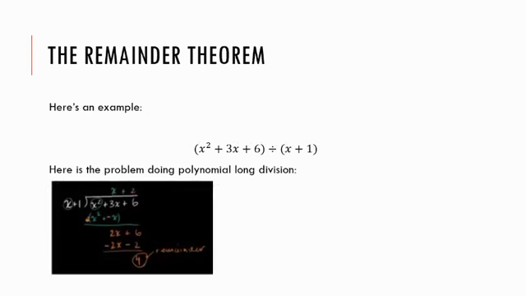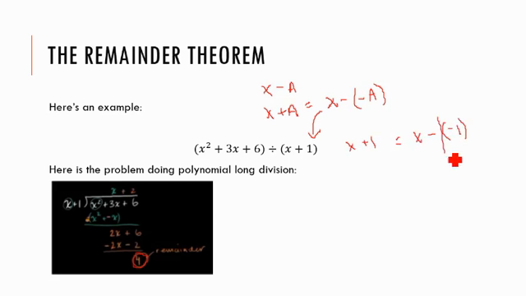So here's an example, and here's our problem right here. In the problem, the remainder is 4. So let's use the remainder theorem to see what the remainder would be. Remember, it's in the form x minus a. So if I have x plus a, it's really equal to x minus a negative a. Since I have x plus 1, it's really equal to x minus -1.